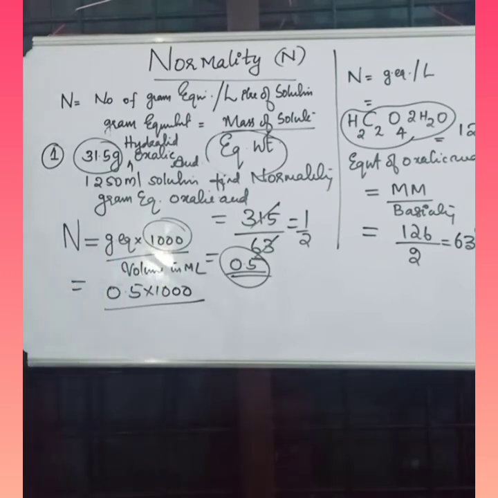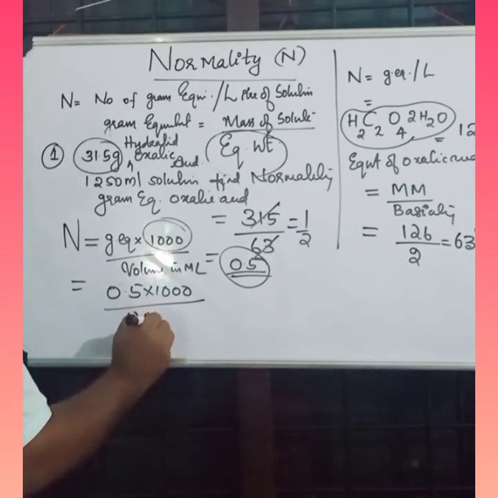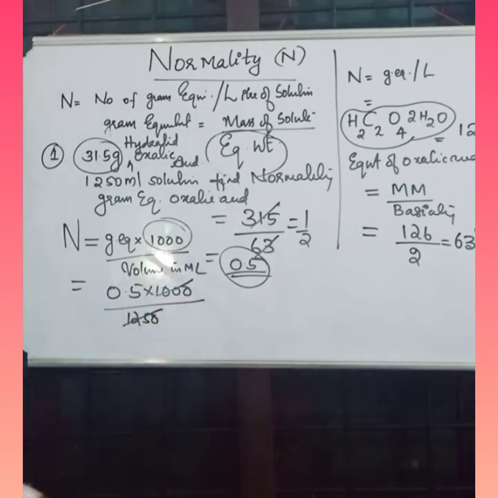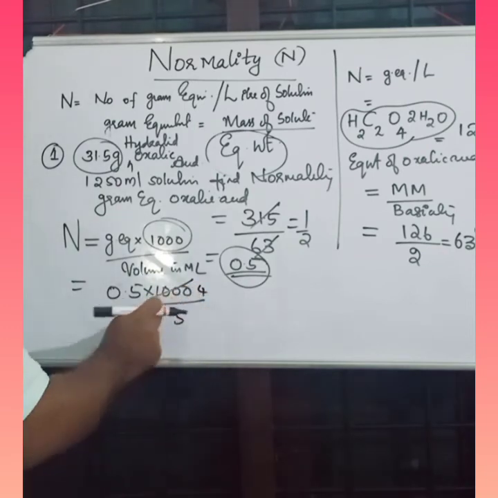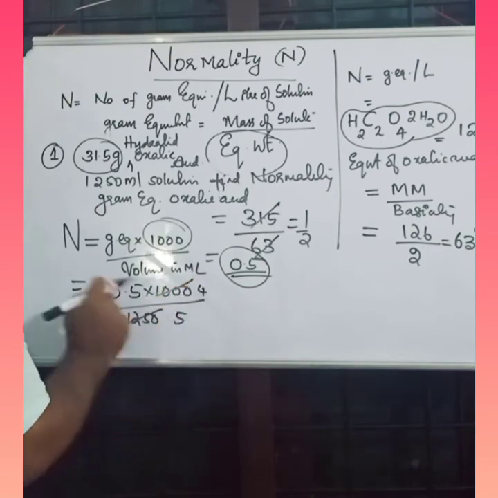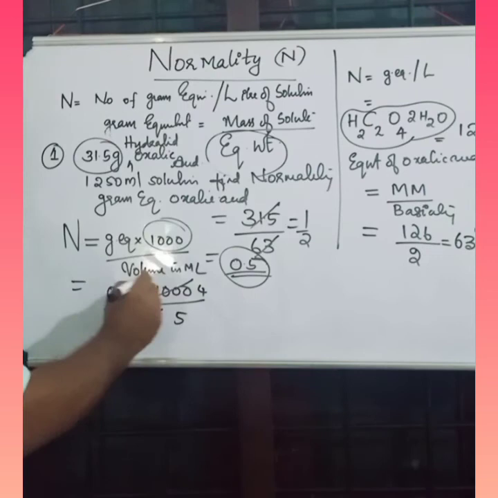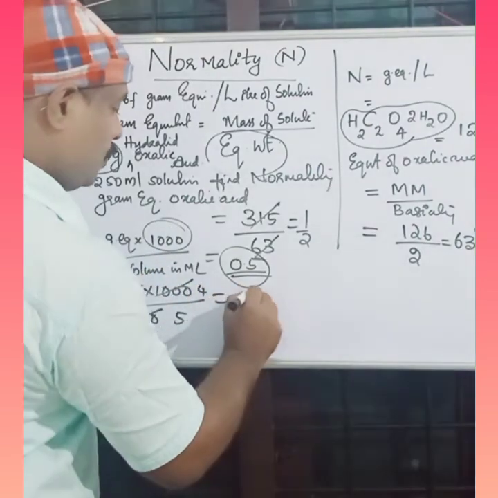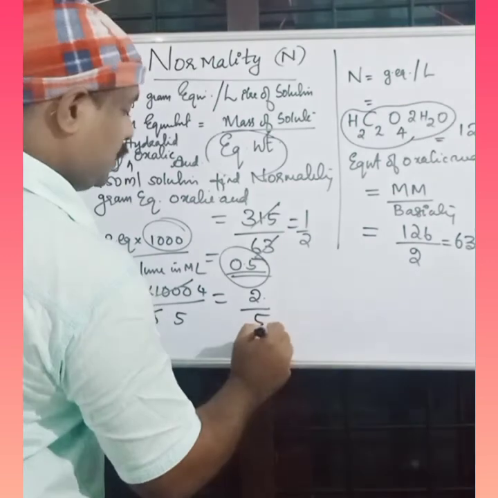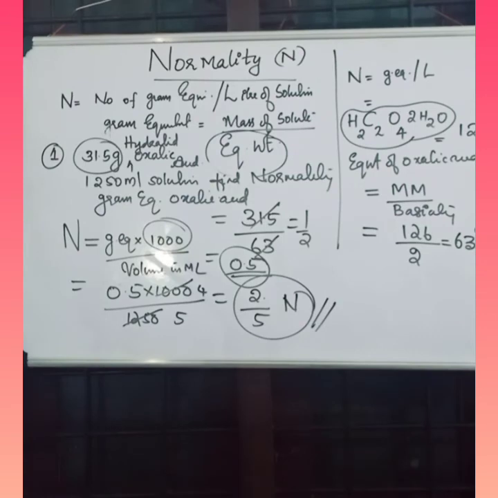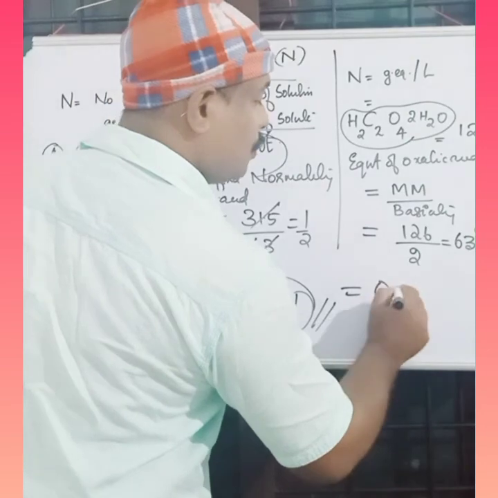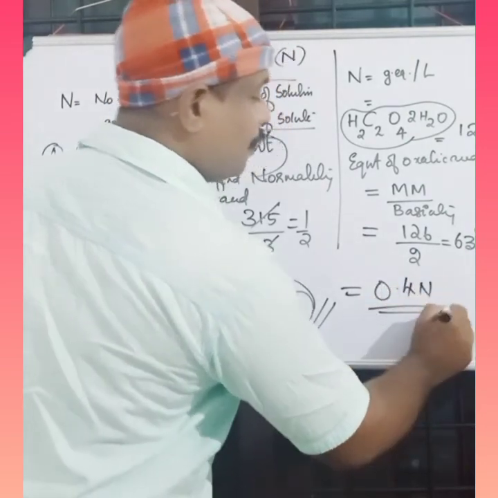The volume given is 1250 ml. Substituting 1250, we get 4 by 5, which simplifies to 2 by 5. So this is the normality of the solution, 2 by 5 normal, which on simplification is 0.4 normal.